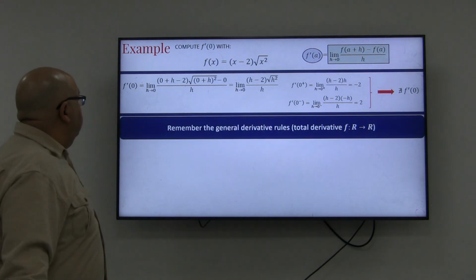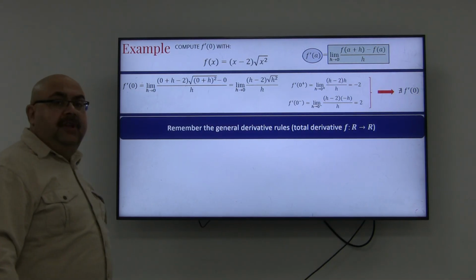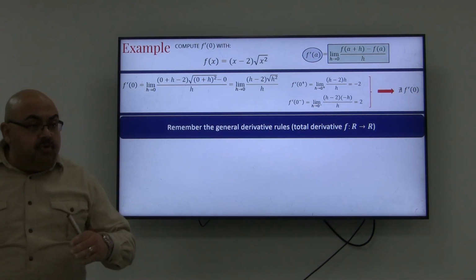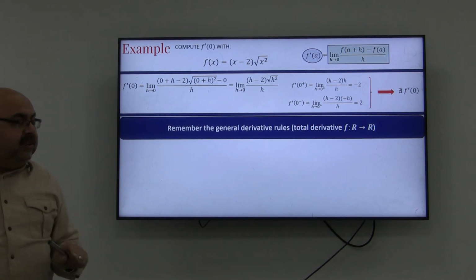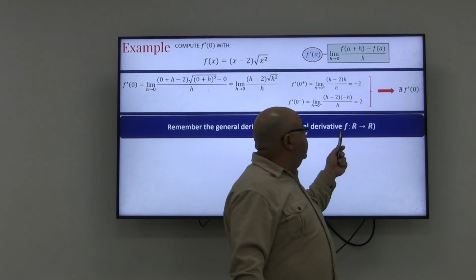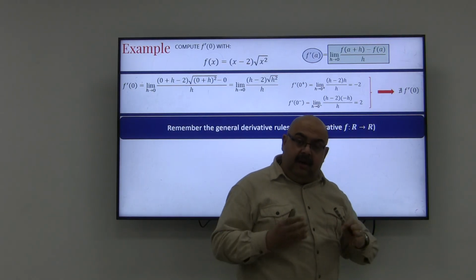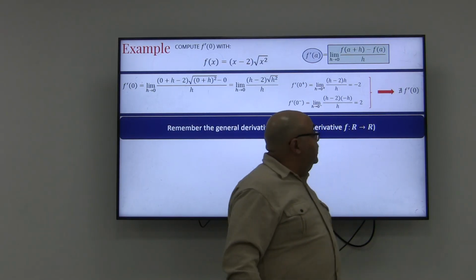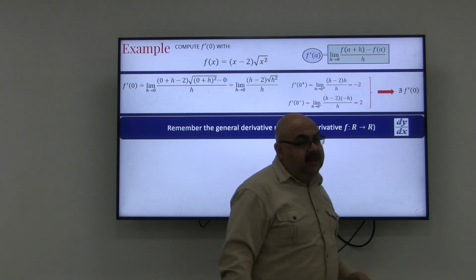Okay, once more, I want you to remember the general derivative rules, or the total derivative rules in general. I tell you once more, we use the total derivative in case our function is from R into R. So you are mapping elements from R into R. In this case, I will have the notation of the derivative dy by dx.